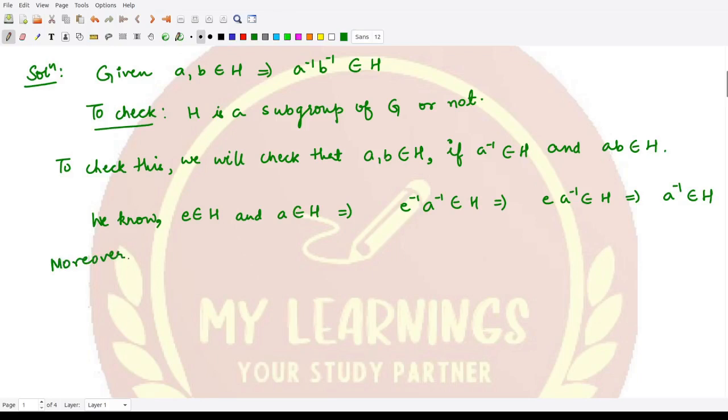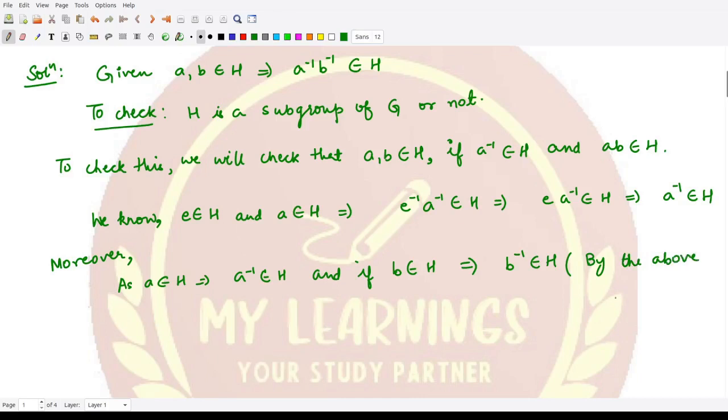Moreover, as A and B belong to H, right? A belongs to H implies A inverse belongs to H, and if B belongs to H, this implies B inverse belongs to H by the above reasoning, right?